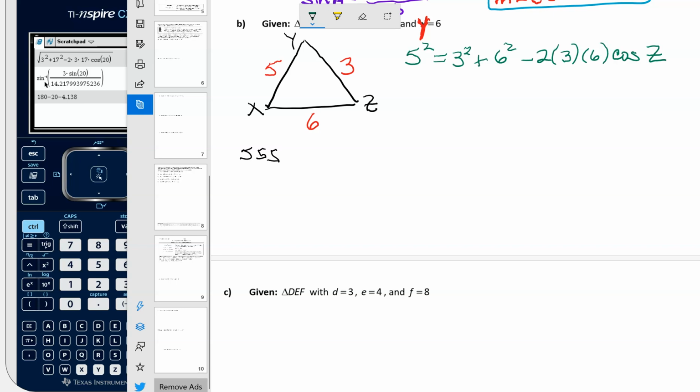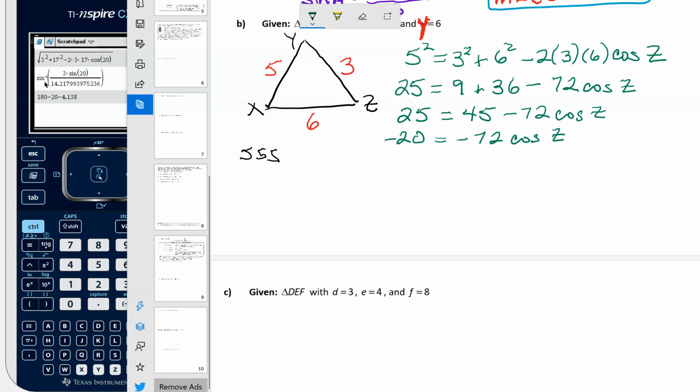I chose to write 5 squared by itself on one side and put the 3 and the 6 on the other side. And if I do that, I need to be aware that we're solving for the angle that's opposite 5, or vertex Z. From here we can simplify, combine like terms, subtract 45, divide by -72, and take an inverse cosine.